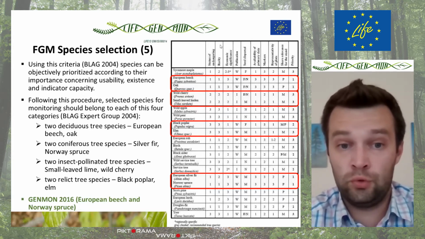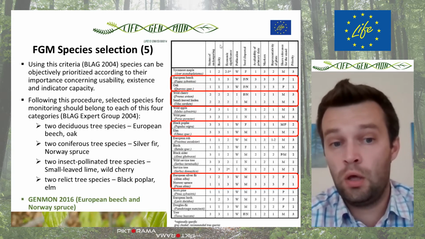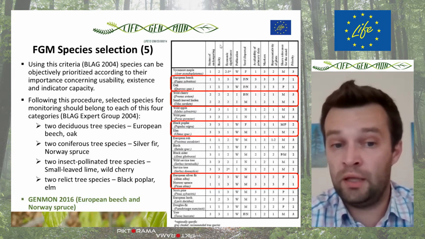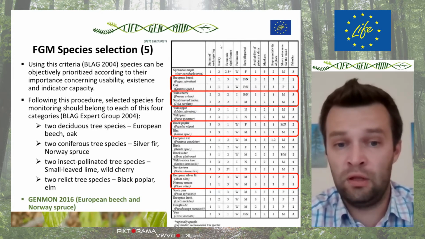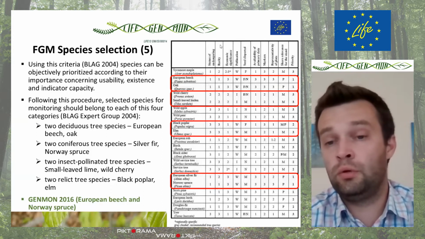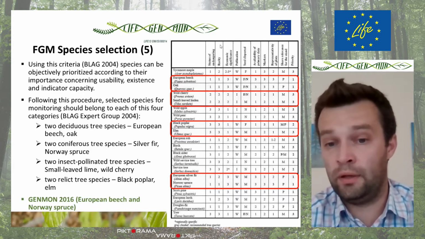So the 2 dioecious are European beech and oak, the 2 coniferous are silver fir and Norway spruce, the 2 insect-pollinated would be small-leaved lime and wild cherry, and the 2 relic tree species are black poplar and elm.